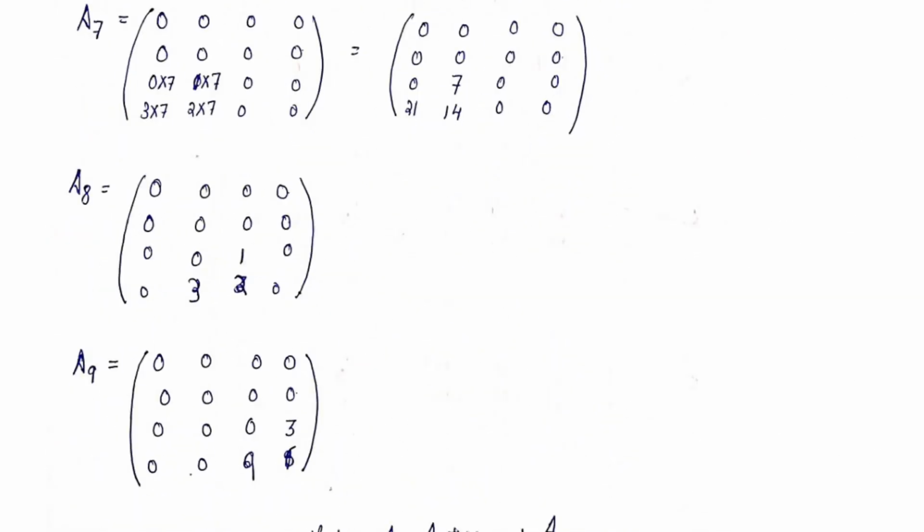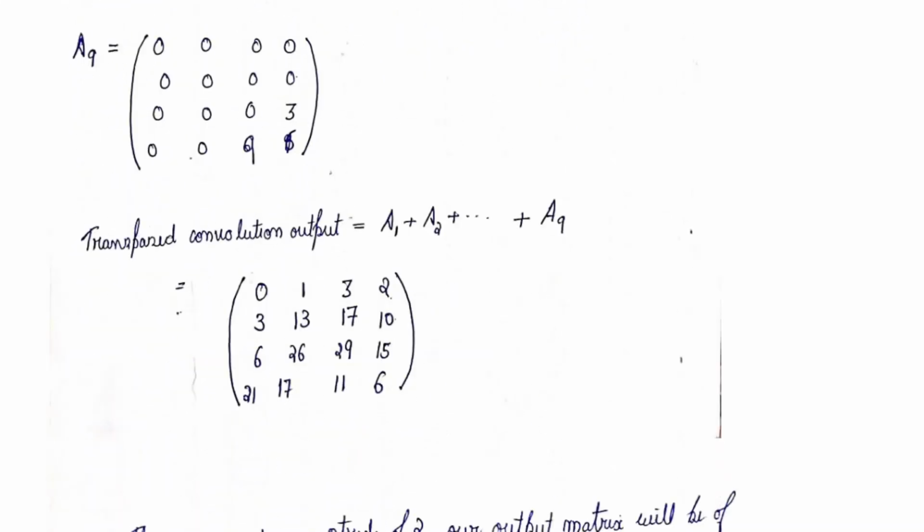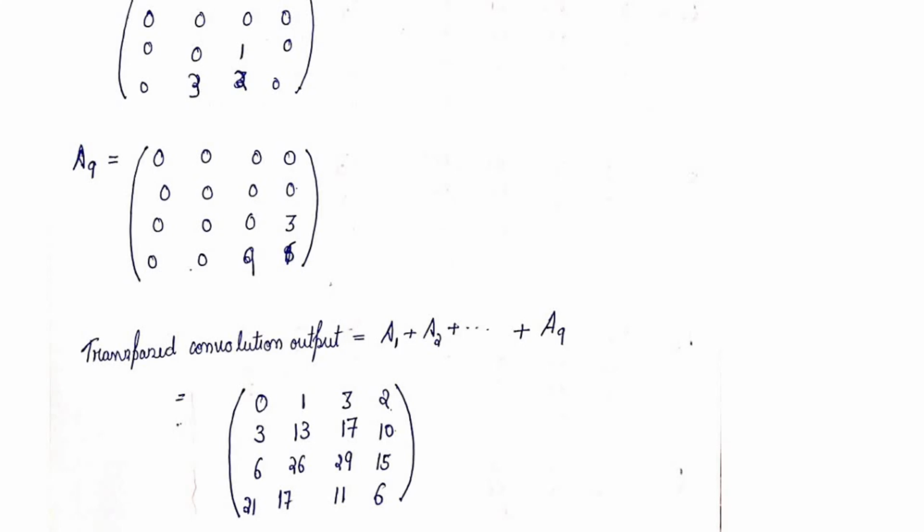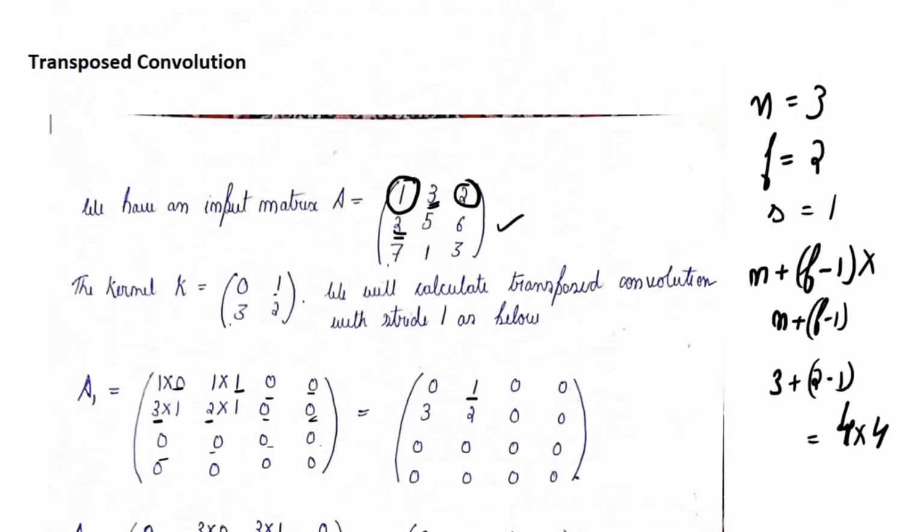And since we have got values from A1 to A9, we add them eventually. So all the 9 matrices we have got of size 4 cross 4, we add them, and the final output which we get is the output matrix of size 4 cross 4, as we had thought. This is the outcome of transposed convolution applied on a matrix of size 3 cross 3.